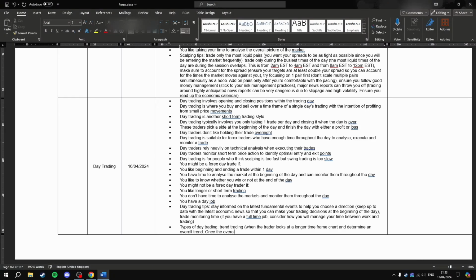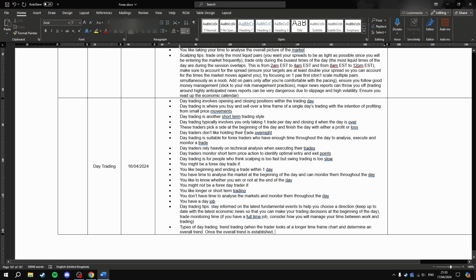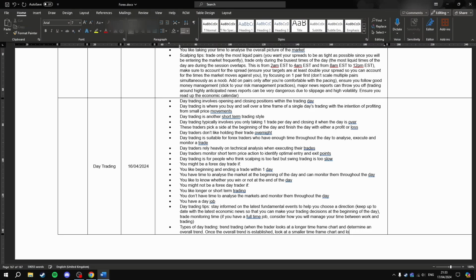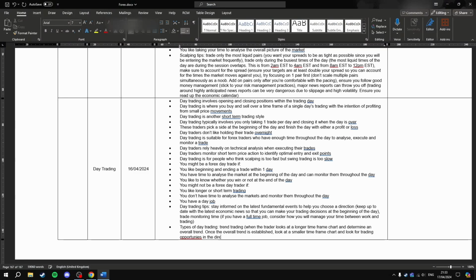Once the overall trend is established, you move to a smaller time frame chart and look for trading opportunities in the direction of the overall trend.